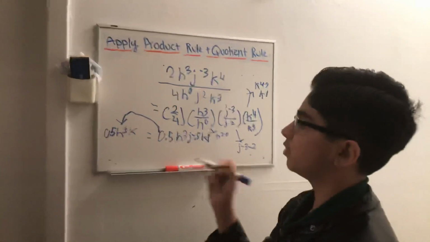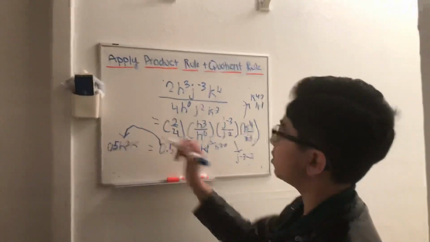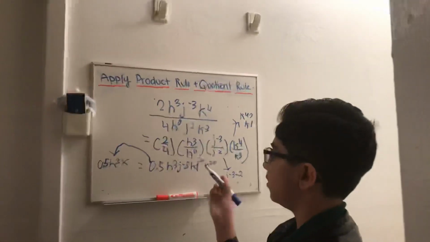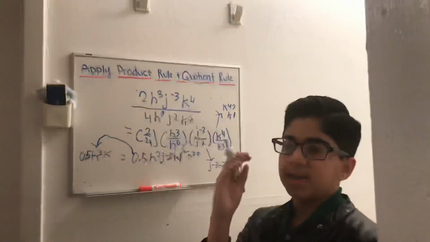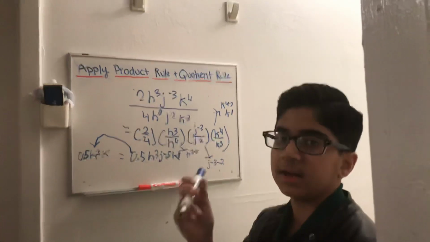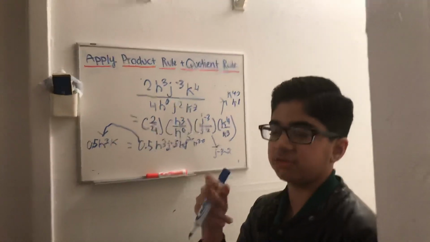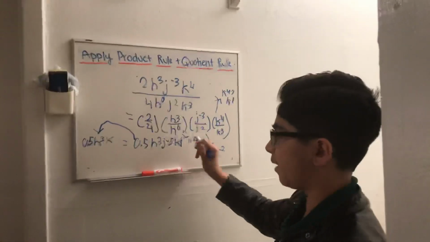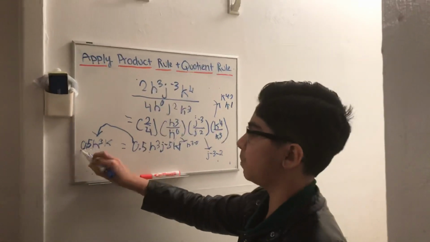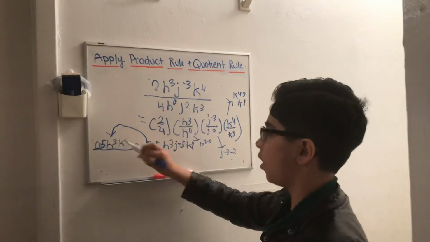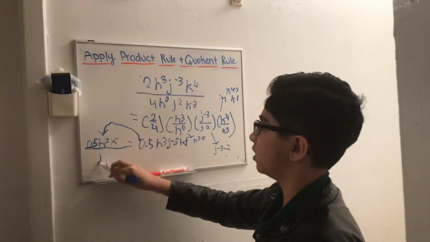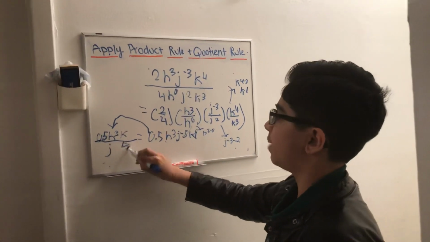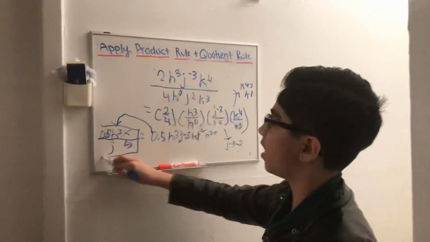And for j to the power of negative 5, when you have a negative exponent, you bring it down and turn it into a positive exponent. Our numerator in this scenario will be 0.5 h to the power of 3 and k all multiplied. So this results in a final answer with j to the power of 5 in the denominator.